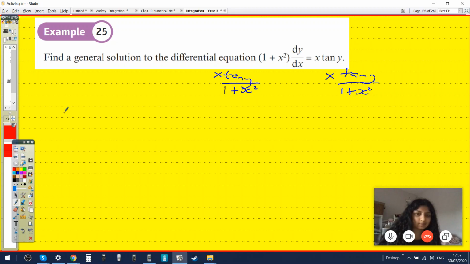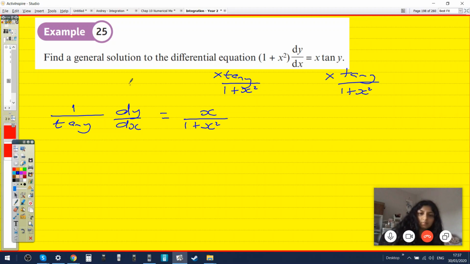So I am left with 1 over tan y dy by dx equals x over 1 plus x squared. And then the next piece of magic is you can think of it as multiplying both sides by dx.